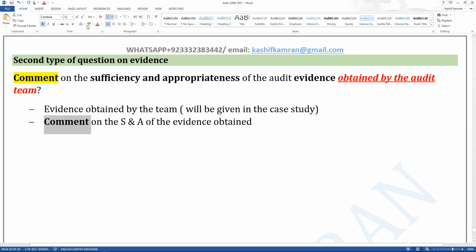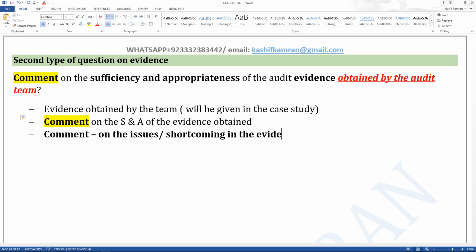Now, when you're commenting on it, you need to be very clear. You're commenting on the issues and shortcomings in the evidence obtained. So if you think evidence was not rightly obtained, or the evidence was inappropriate, or the evidence was insufficient, you will comment on it, right?